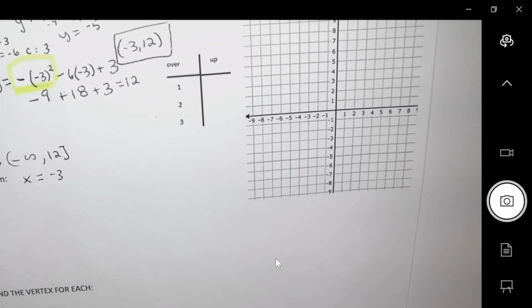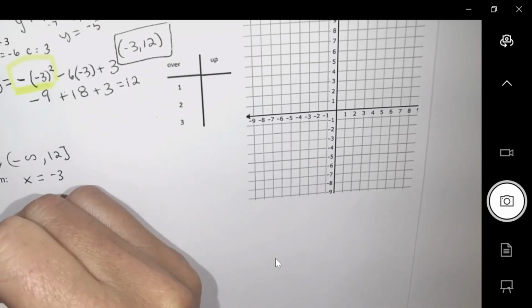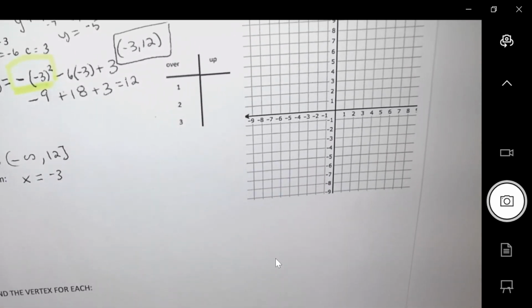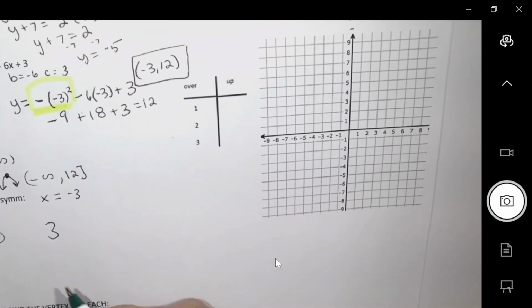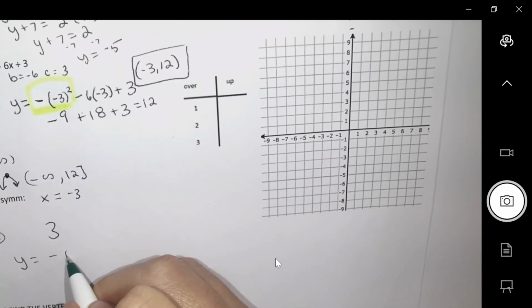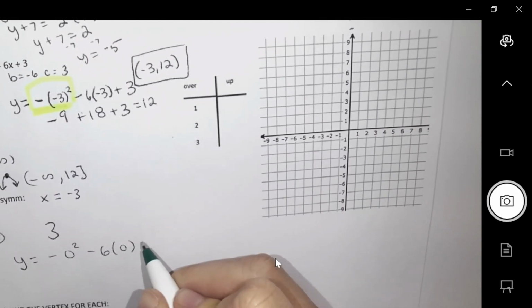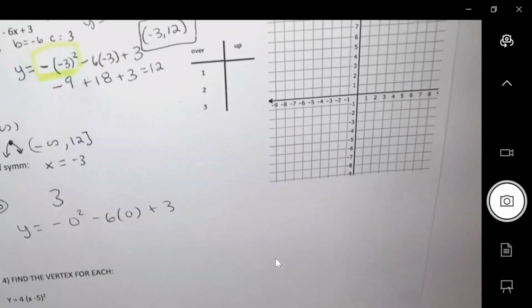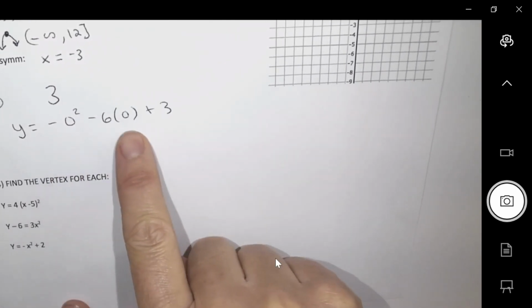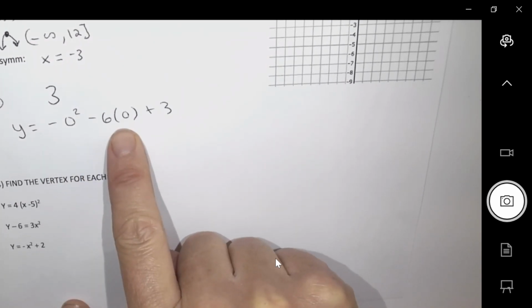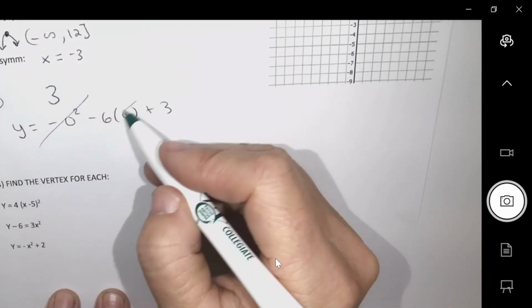Okay, this y-intercept is, again, where x equals 0, but it's a lot faster to do this one. Just like that, you got your answer. Positive 3. Here's y. Okay, if I was to show my work, which I don't need to on this, this is what's happening. What happens in math when you plug in 0 for all the x's?